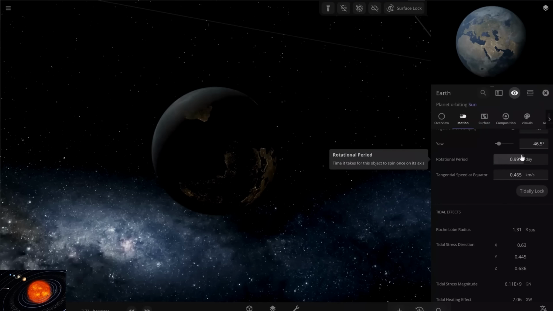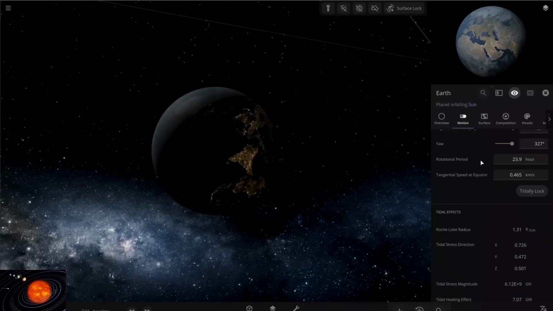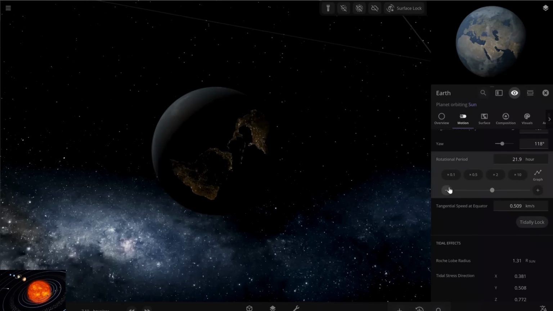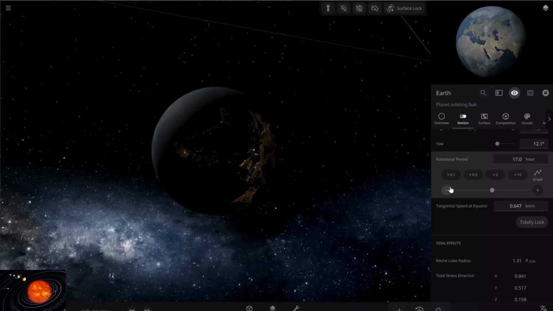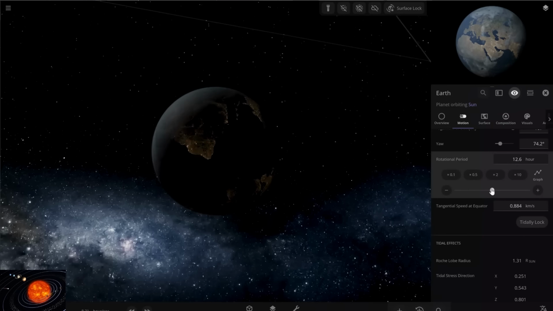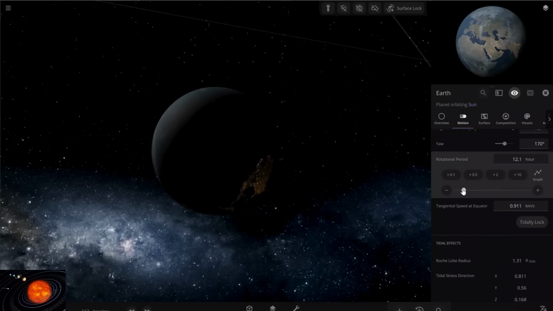Right now this is the time which it takes for Earth to rotate around itself. It's a whole day, and you can also change this parameter. If you make it shorter, the whole duration of day and night would be much shorter, and actually Earth is rotating around itself much faster.